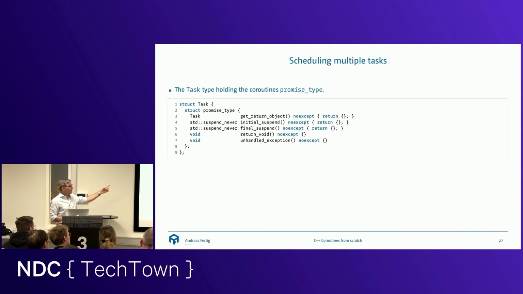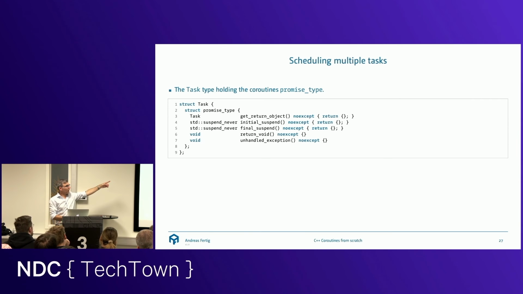Initial suspend and final suspend this time say never. We saw initial suspend previously saying never, but final suspend this time also says never, because I have no co_return in this coroutine, and it will flow through the end of the function, and my wrapper type here does not store a handle to the promise type. There's no way to destroy that coroutine, but it needs to be destroyed, right? There's heap memory behind it.